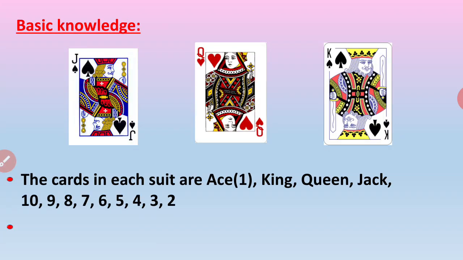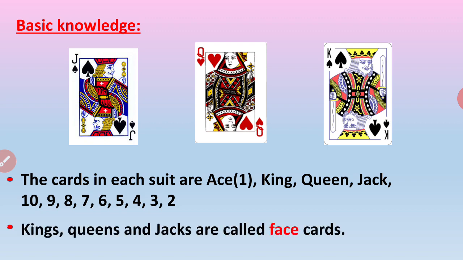Now, the cards in each suit are ace, that is number 1. Then you have king, queen and jack. They are shown here. Then the remaining are all numbers 10, 9, 8, 7, 6, 5, 4, 3, 2. Kings, queens and jacks are called face cards.